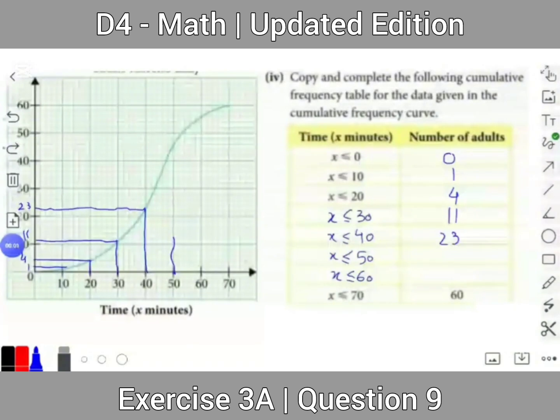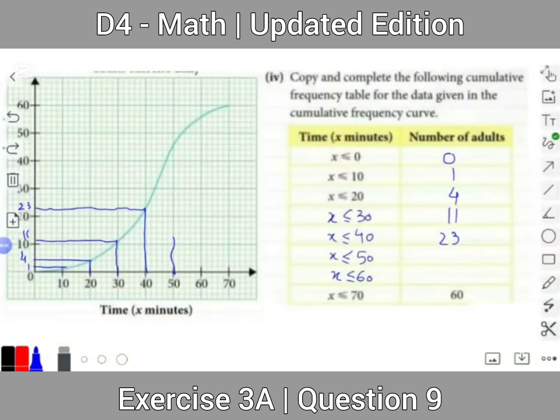Now for x less than or equal to 50 minutes, we will draw a vertical line until it intersects the curve.